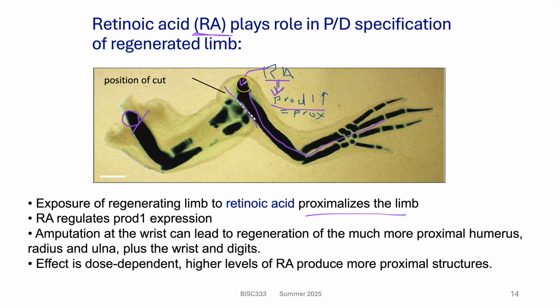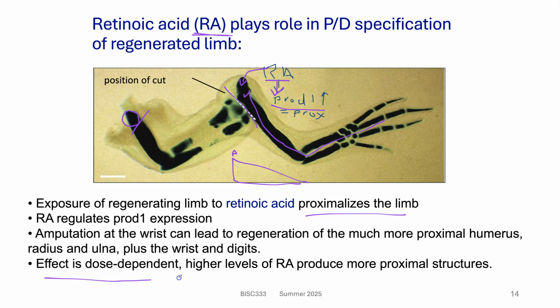Therefore, with lots of retinoic acid, you're going to have lots of PROD1, which means it's going to have the cell adhesive properties of proximal cells. And so you generate this retinoic acid and PROD1 gradient, right? Proximal has lots of retinoic acid, distal has very little.